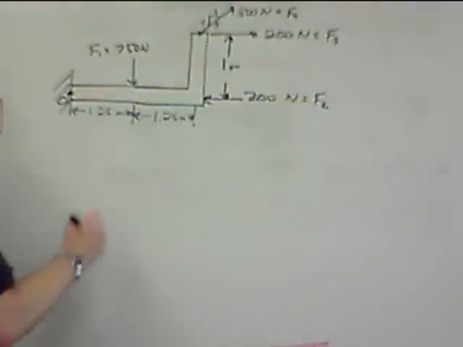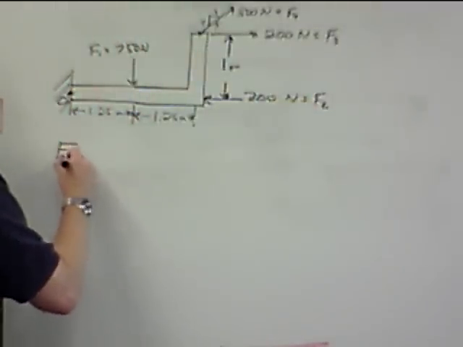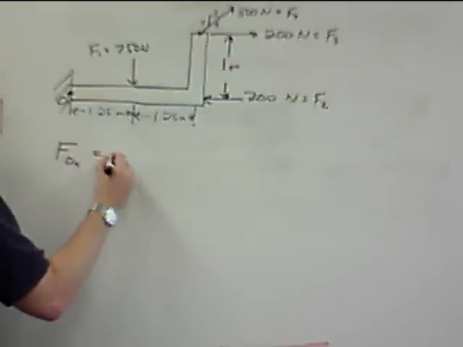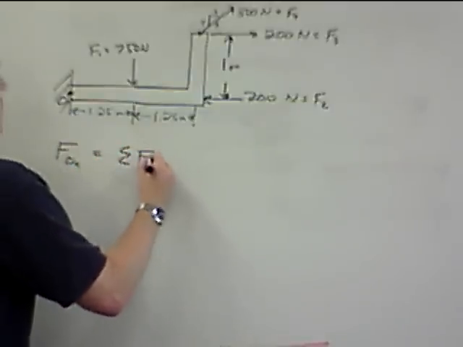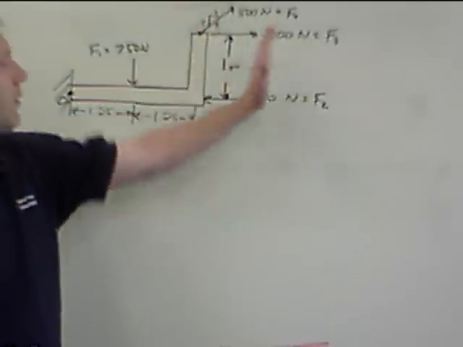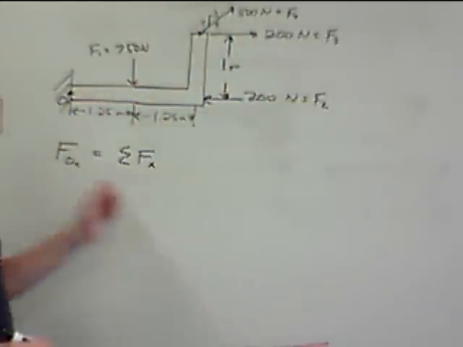So the equivalent force at point O in the x direction is equal to the sum of all the other forces in the x direction. We're replacing all of the x components of all of these other forces with this one force at point O.